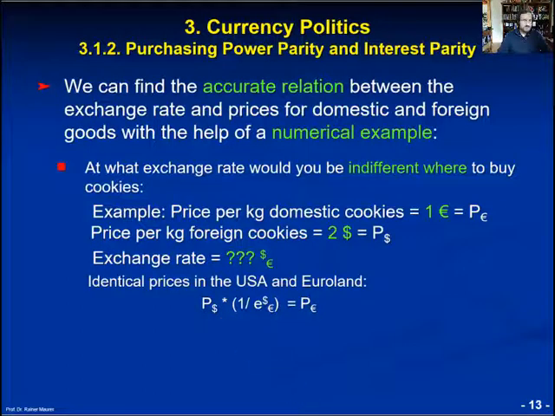We fill in then the numbers for the prices: $2 for 1 kilogram of cookies in the United States, €1 for 1 kilogram of cookies in the euro area, and leave the exchange rate as an unknown variable. We now can simply solve for the exchange rate to find the equilibrium exchange rate numerically, where this equation will hold.